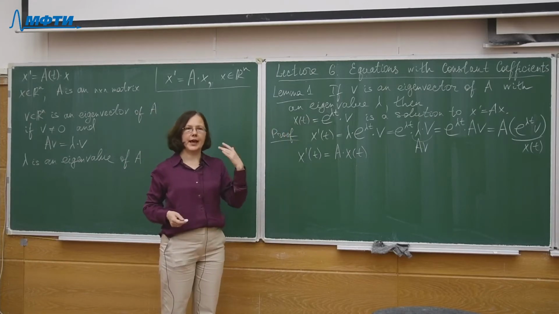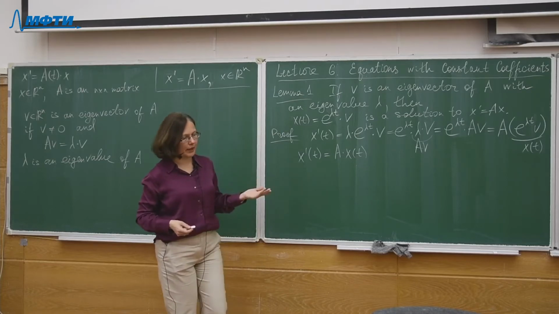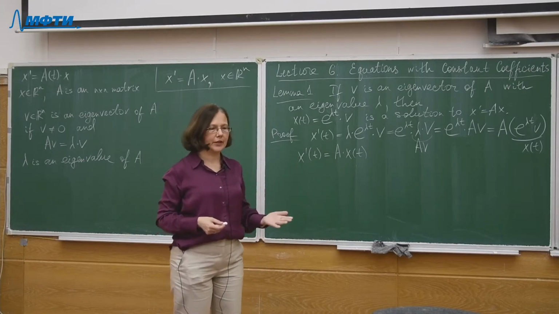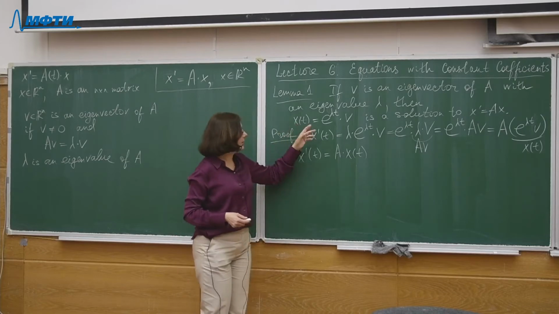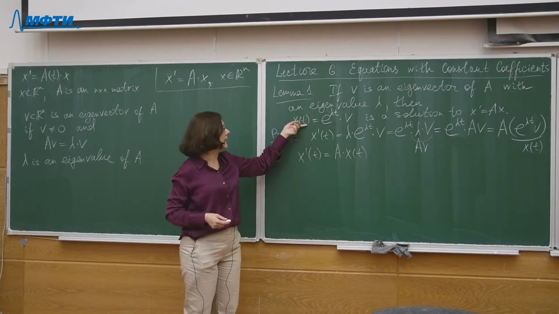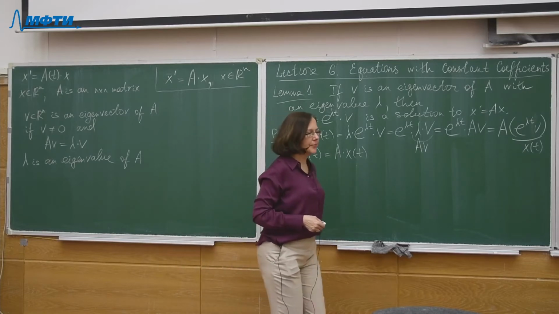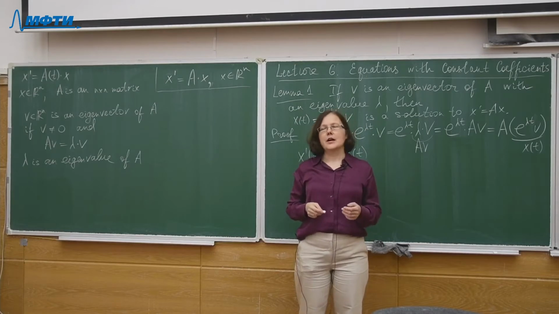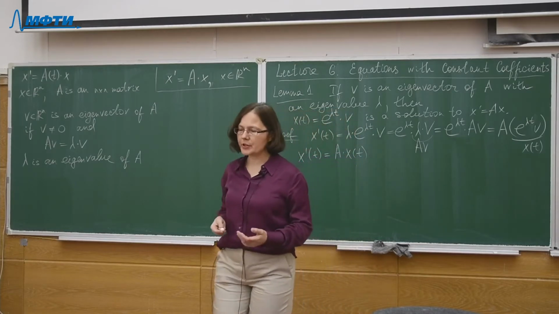So to find a solution of the differential equation, we can proceed in the following way. We can find the eigenvalues and eigenvectors, and take these functions as solutions. This is another way to solve a matrix differential equation. The first way was discussed on the preceding seminar.